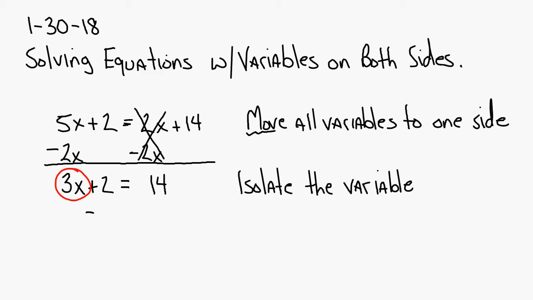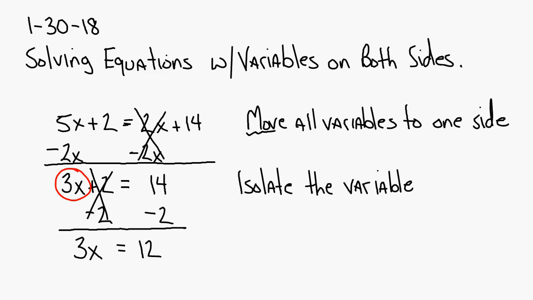So if you subtract 2 from each side, the 3x falls down. The 2's cancel. And 14 minus 2 is 12. And now you're left with a one-step equation.